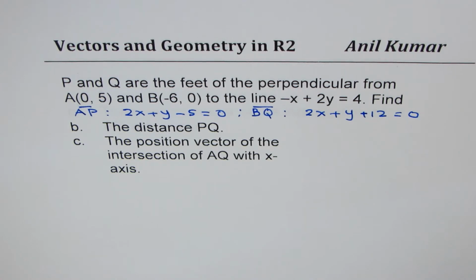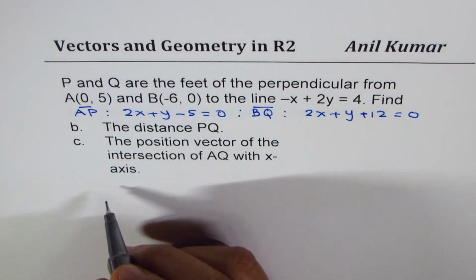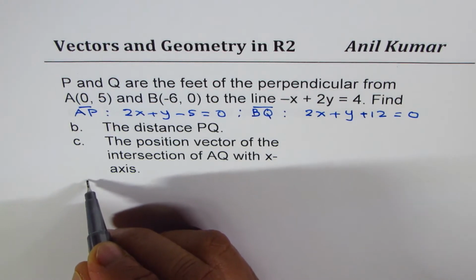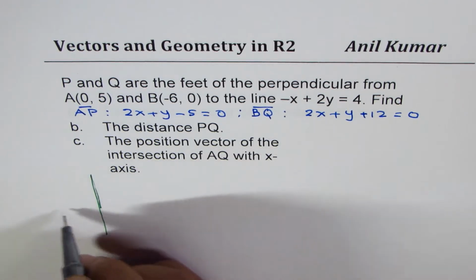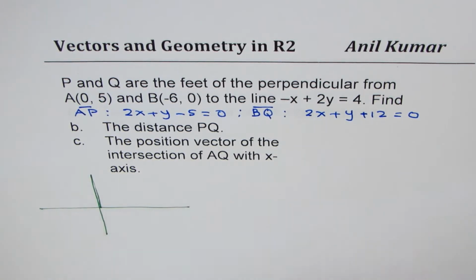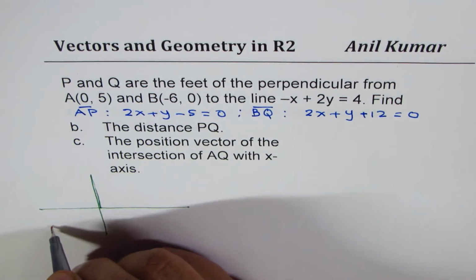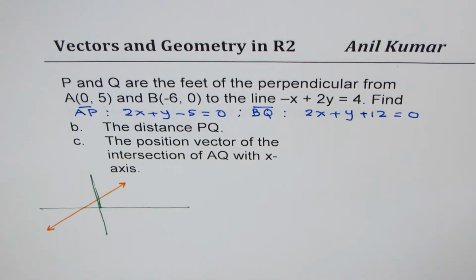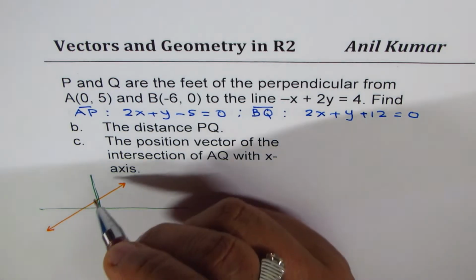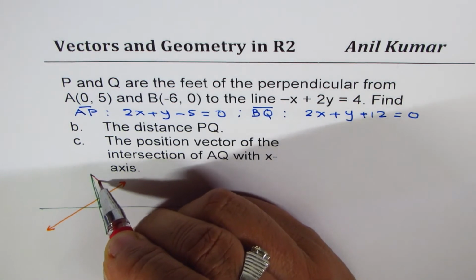Let me also sketch the diagram. I'll sketch a smaller diagram here, since we might need a lot of calculations to be done. So let's sketch the diagram here. The diagram was something like this. We have a line, where we found the perpendicular from A, let me draw from here.